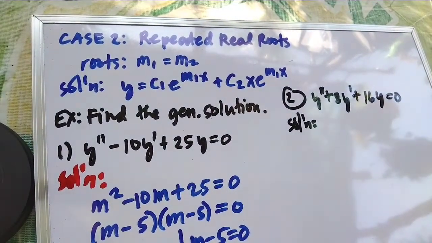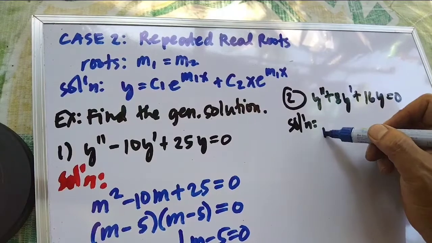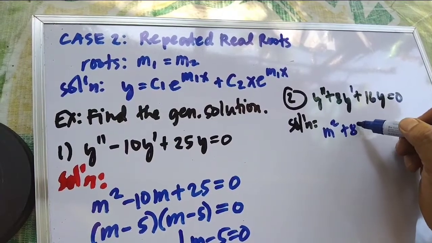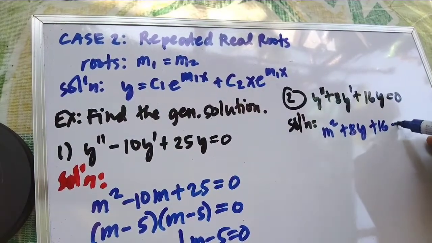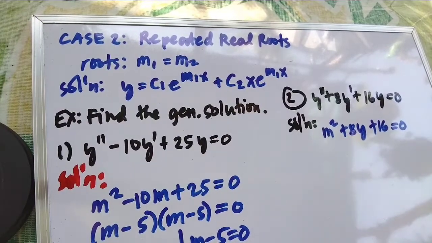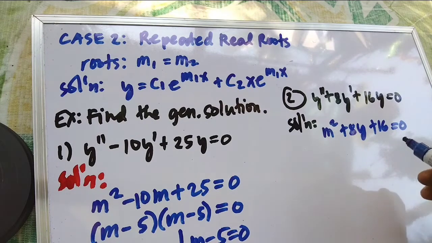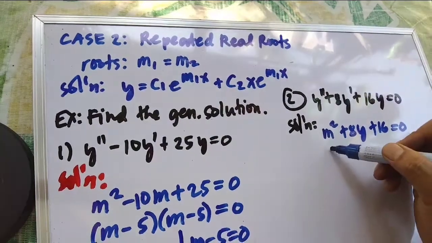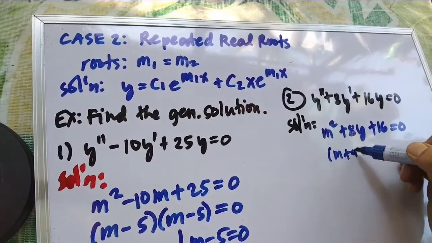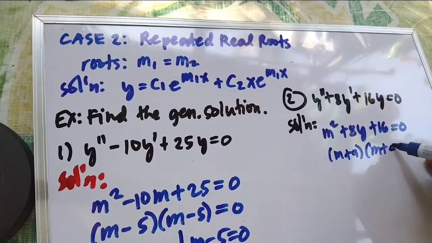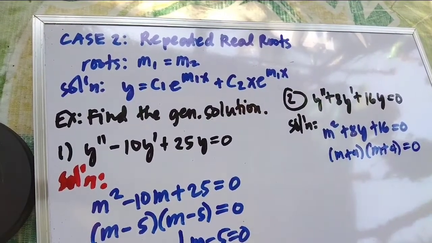So this is just equivalent to m squared plus 8m plus 16 is equal to 0. Okay? Now, as you look at the left side of the equation, this can directly be factored, no? So, what are the factors of the left side of the equation? This is m plus 4 times m plus 4 is equal to 0.